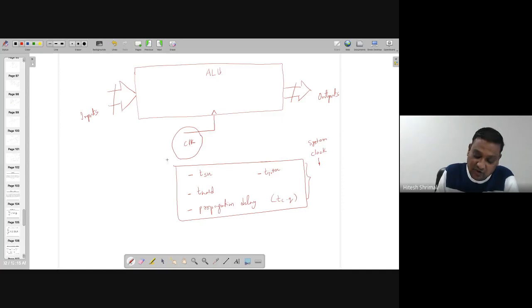And because of this clock, which is coming from a PLL or maybe oscillators, that requires lots of load, it consumes lots of power, and at the end of the day you have to drive it to the ALU, where there is not only one place where this clock is going, but many places inside it. So the clock load is going to increase, right?